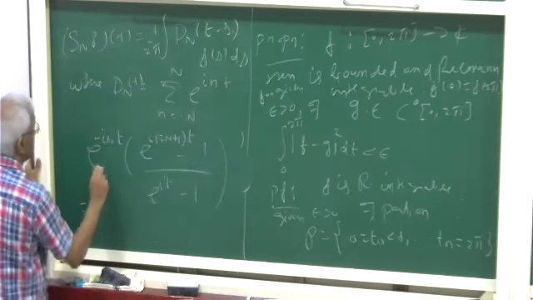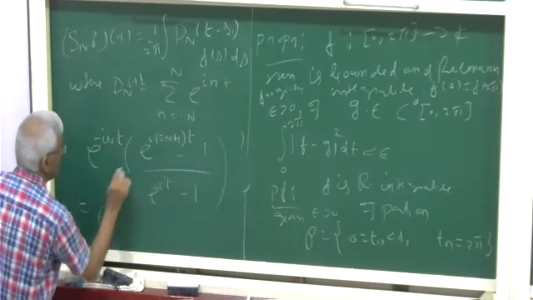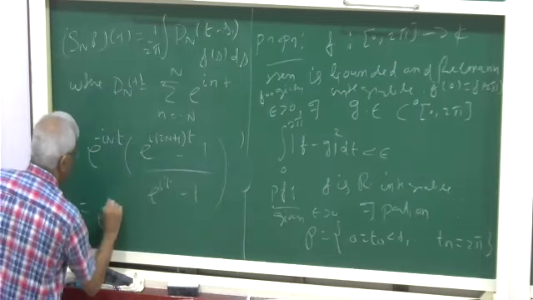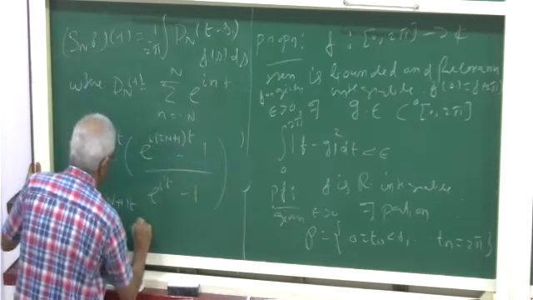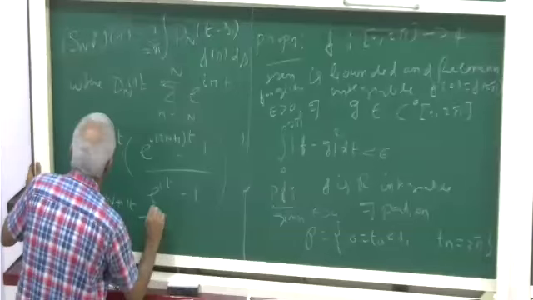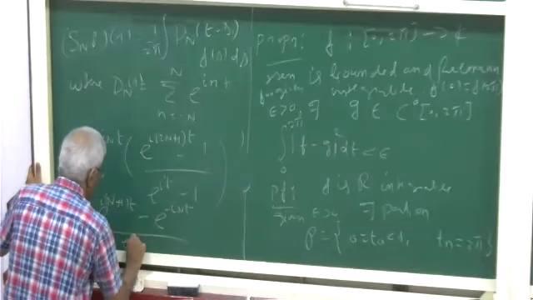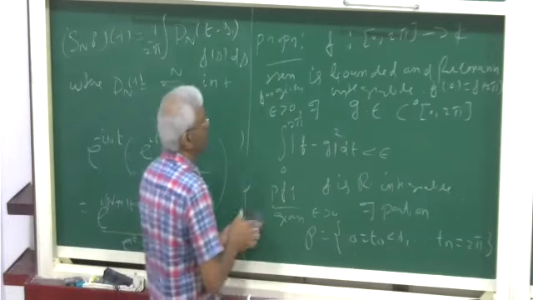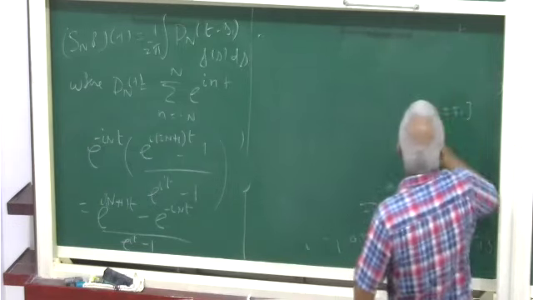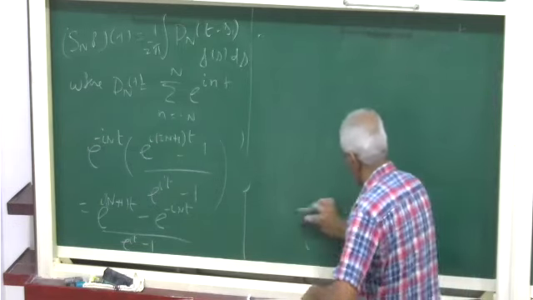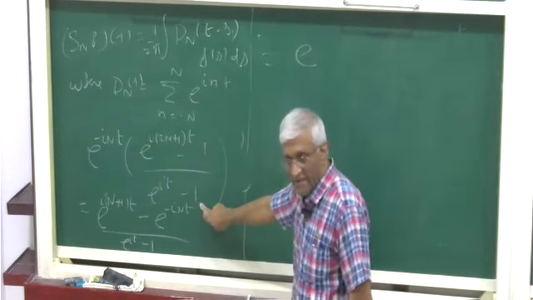So now this is equal to e^{-int}, and if you take e^{i(n+1)t}... minus e^{-int}, divided by e^{it} minus 1. Formula, t by 2.